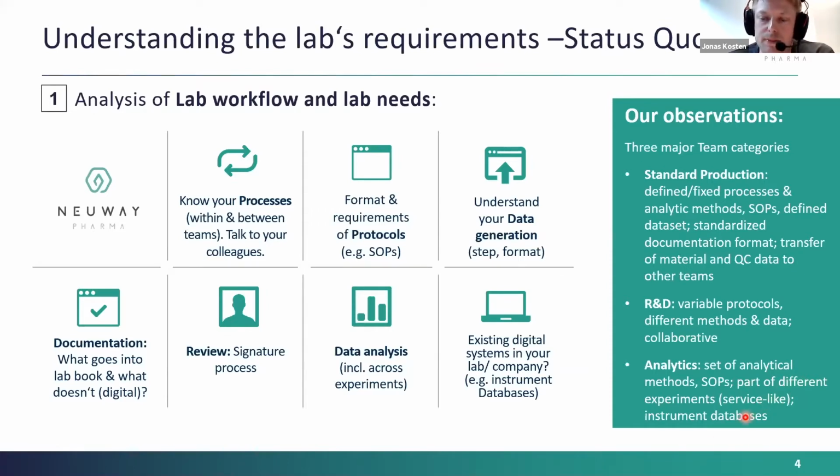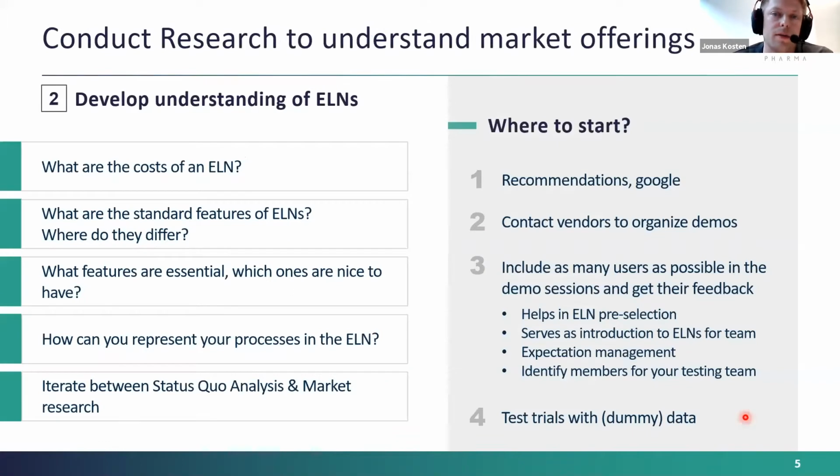Right, so the next part was to understand the market of ELNs. First, of course, is what the cost of digital solutions in general is. If you do some research on general digital solutions, you will see that there are some document management systems that are in a different price category than ELNs, for instance. Then you look at the standard features of ELNs.